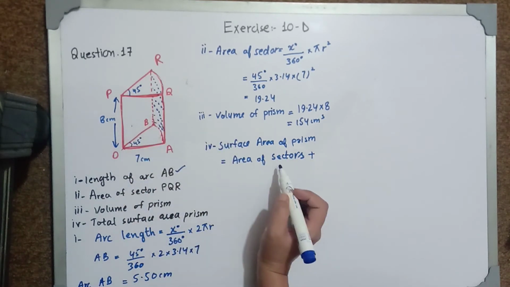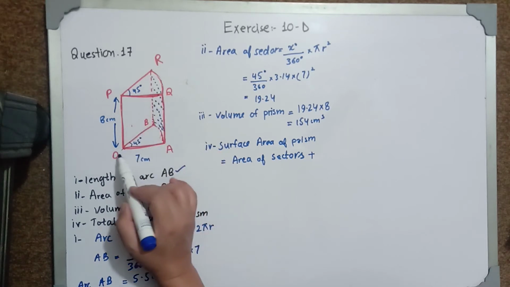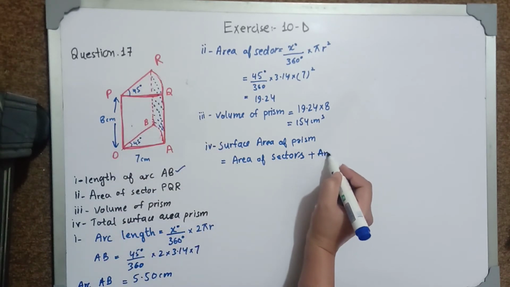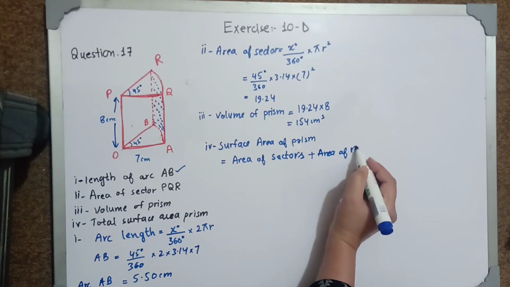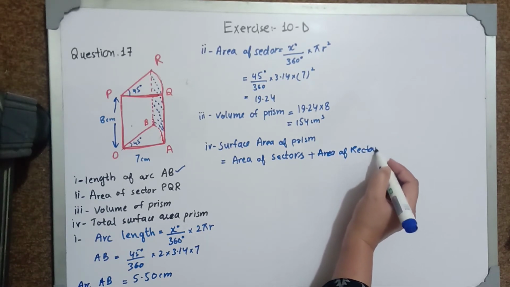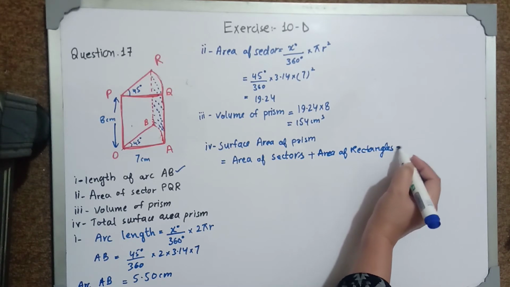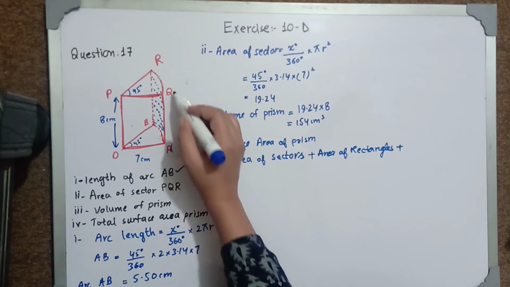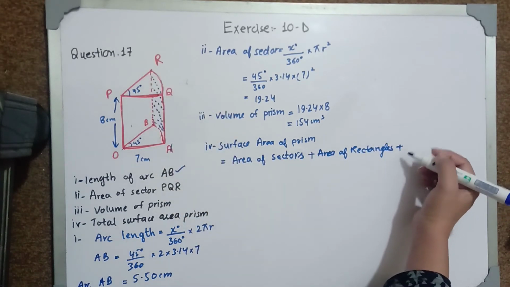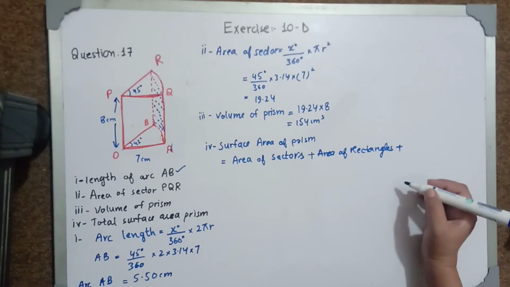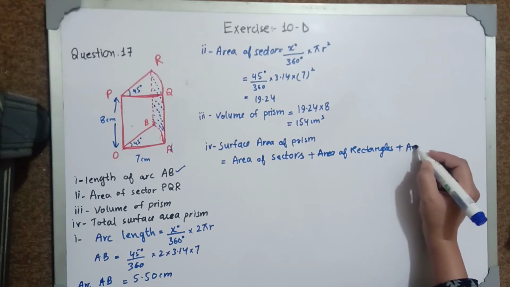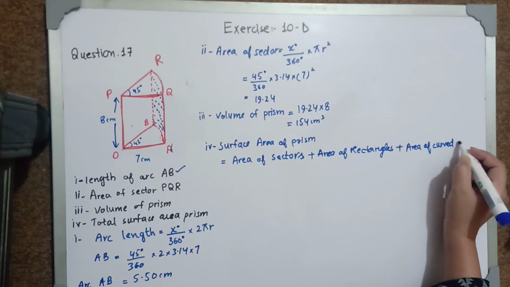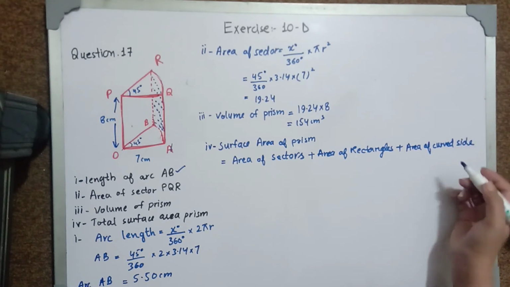Then we will have the area of rectangles, this one and then the other one, plus now the area of this side AQRB, area of the curved side of the prism, right?